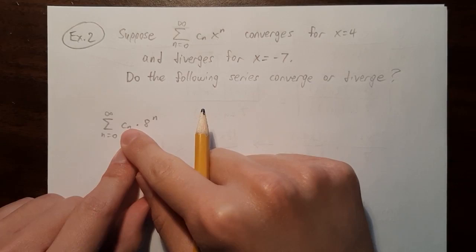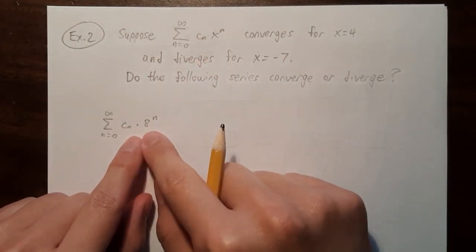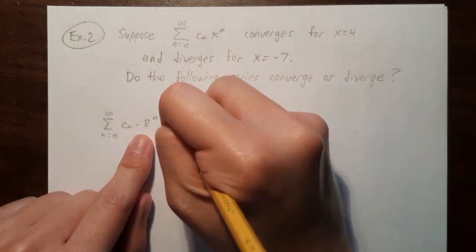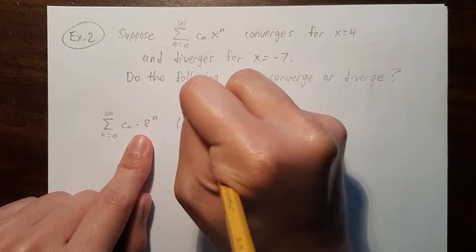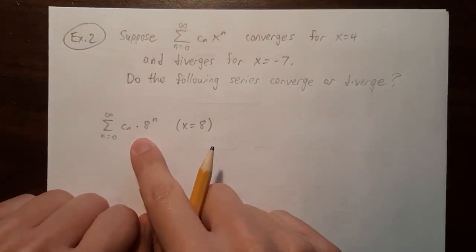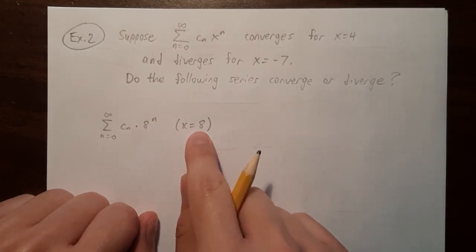We have the same coefficient sequence, c sub n, but the only thing is x has been replaced with an 8. So this is our original power series where x equals 8. So really what we're asking here is whether this thing converges or diverges. That is the same thing as asking, in this case, is 8 in the interval of convergence or not?